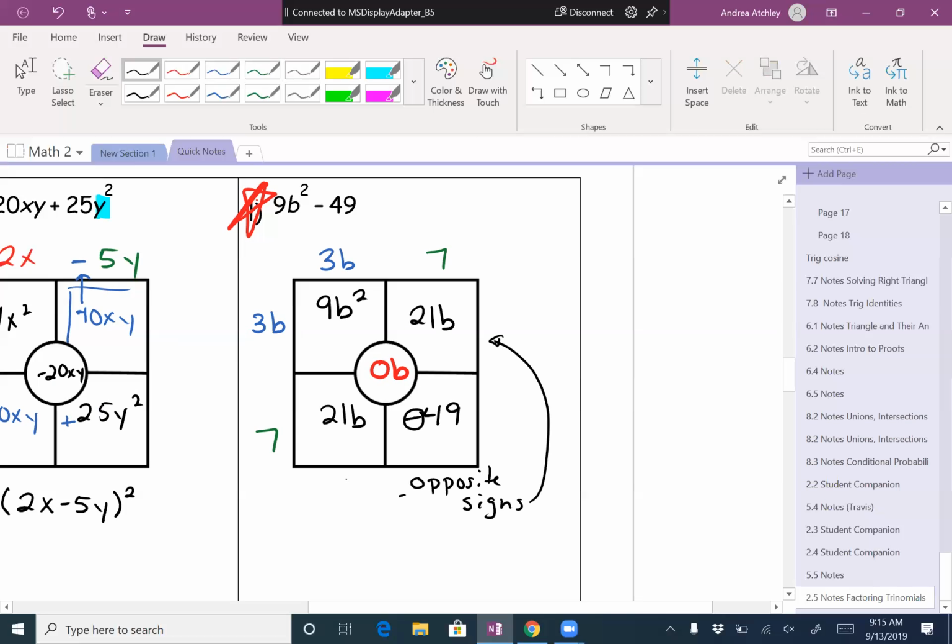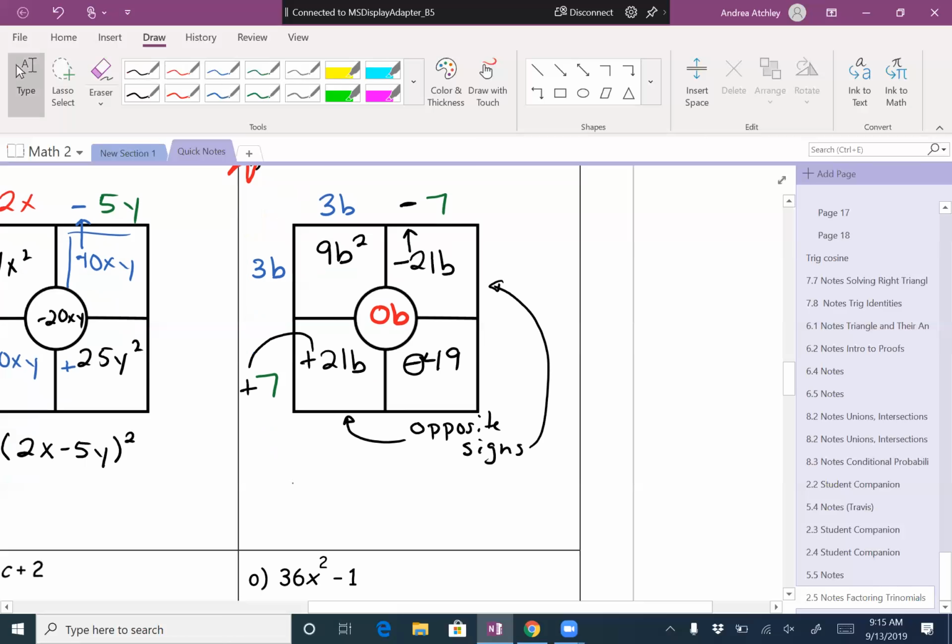Since they're going to give me 0, it doesn't matter which one's negative and which one's positive. Negative 21 and positive 21 gives me 0 in the middle. So this 7 is negative here, and this 7 is positive here. So my factors are 3b minus 7 and 3b plus 7.